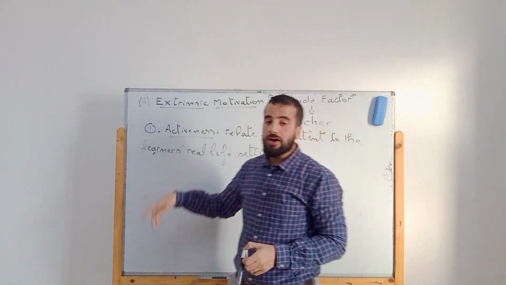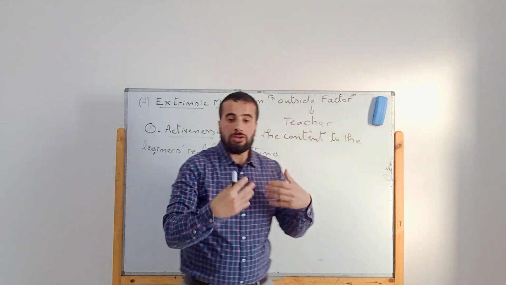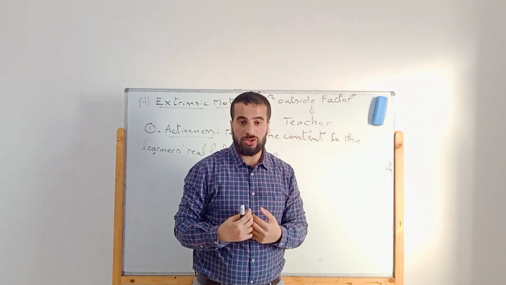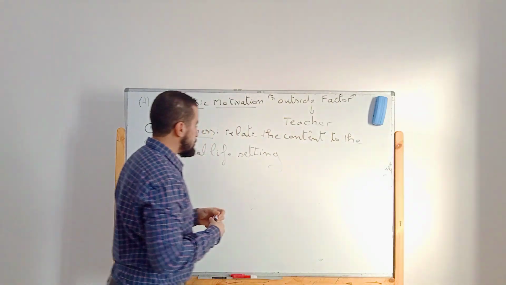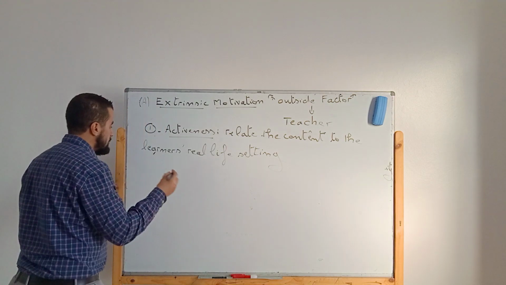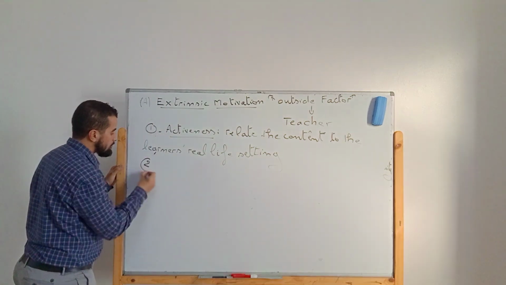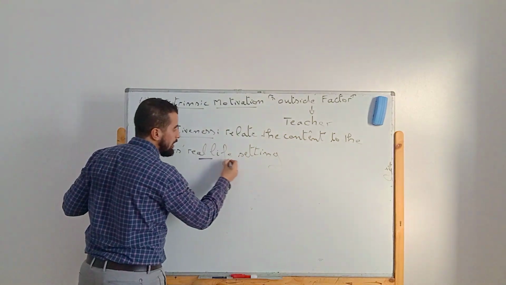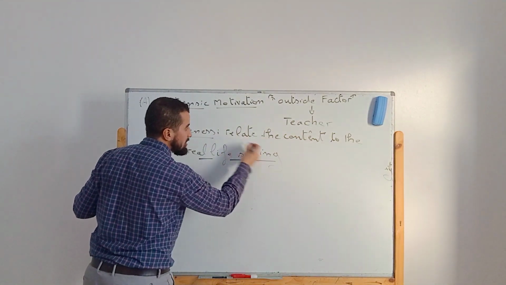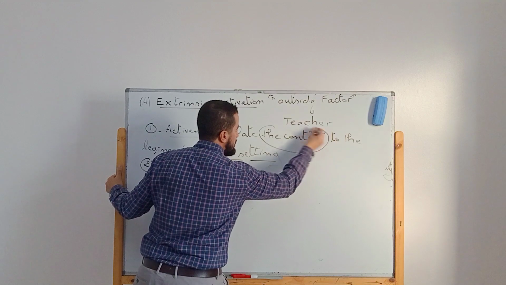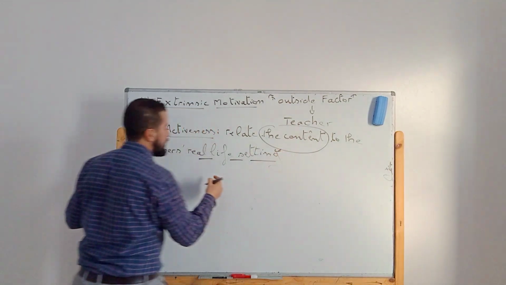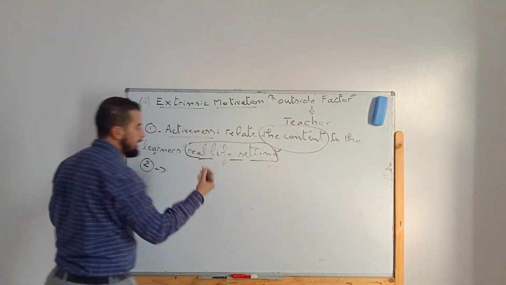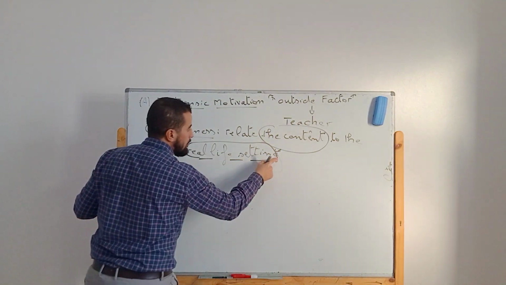So if you provide them with these, you will need to move to the next procedure. In the next procedure, you are going to do what? So we relate the real life setting with the contents, right? So we have a relationship between the contents and the real life setting of the learners. All right.